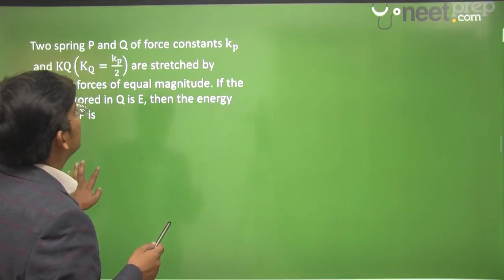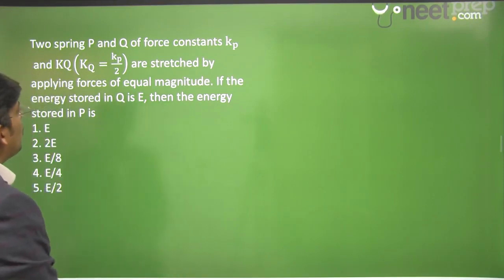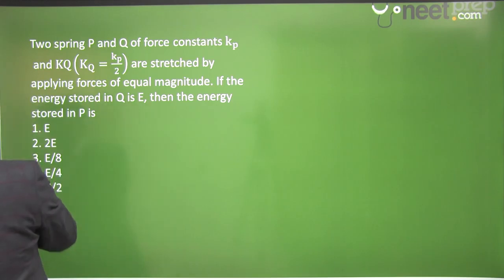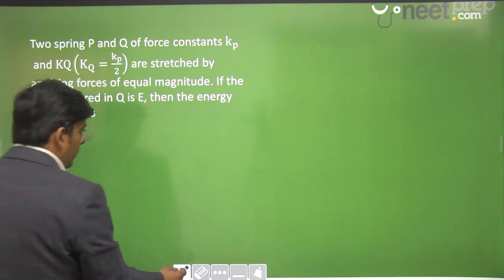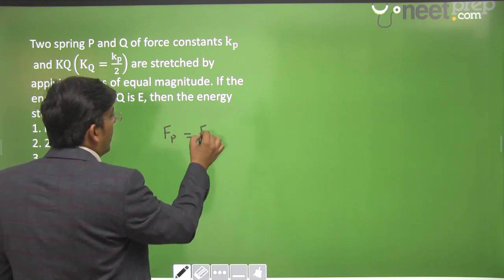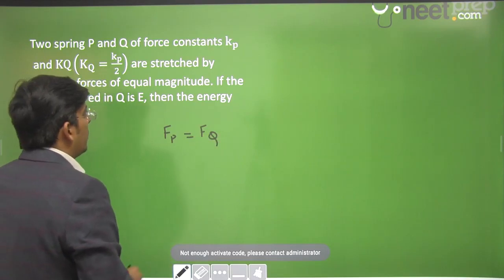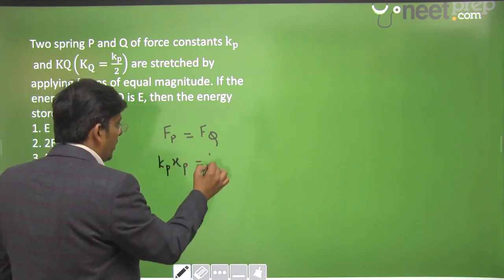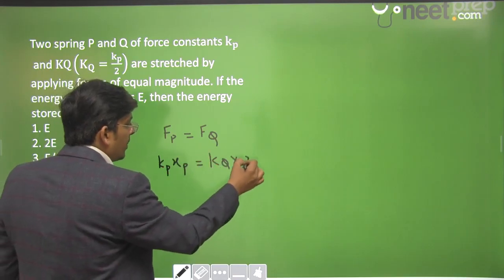We have another question. Two springs P and Q of force constants Kp and Kq are stretched by applying forces of equal magnitudes. This is an important thing for us, that forces are of equal magnitude. So force in P, force in Q are equal, right? Okay. Force is actually Kp into Xp is equal to Kq into Xq.